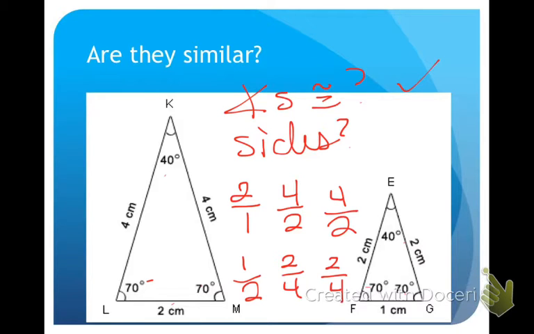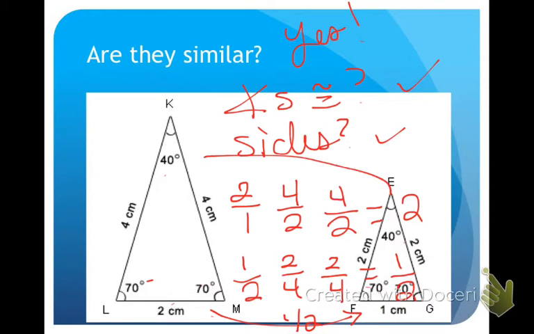And they all reduce to the same number. Those all reduce to the number 2. Those all reduce to 1/2. So yes, the sides are proportional. Yes, they are similar. If I went from KLM to EFG, the scale factor would be 1/2. If I go the other way, the scale factor is 2.